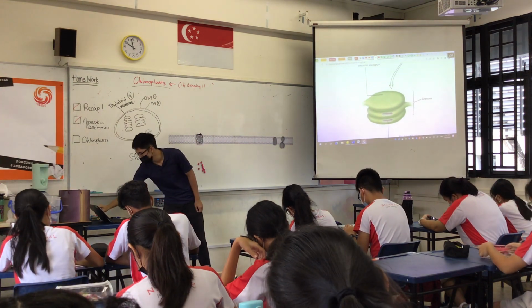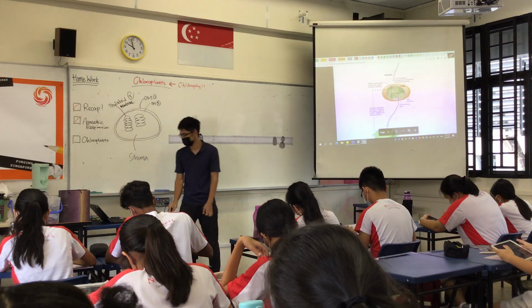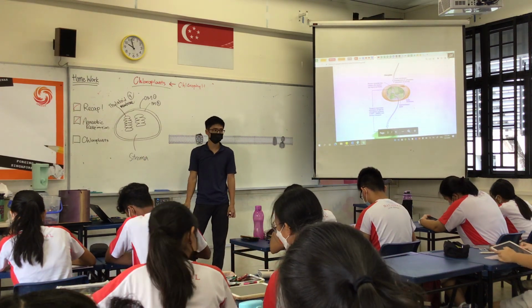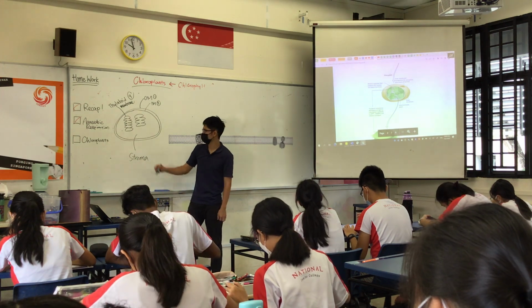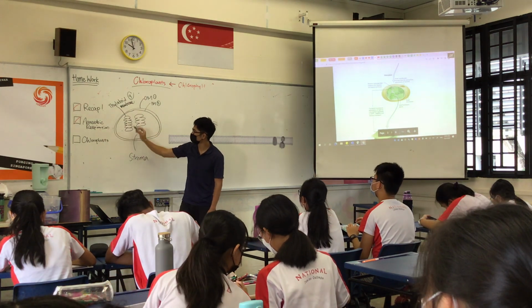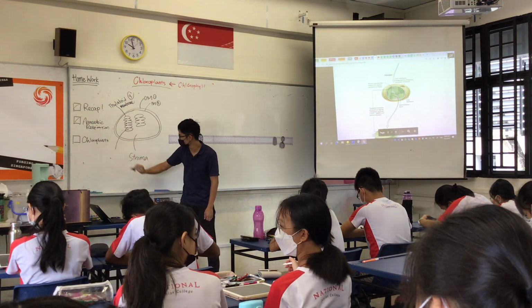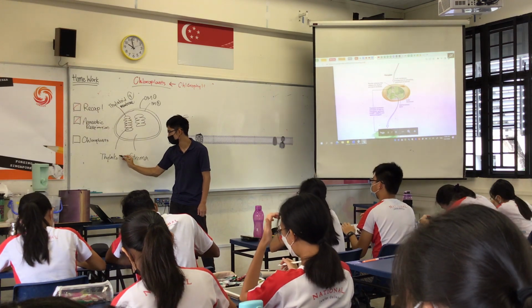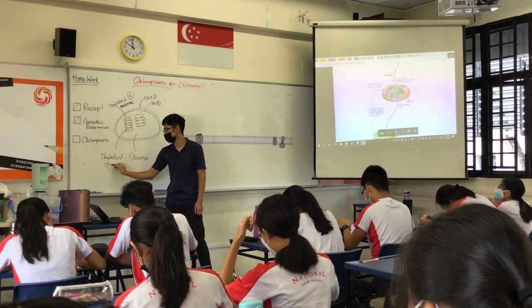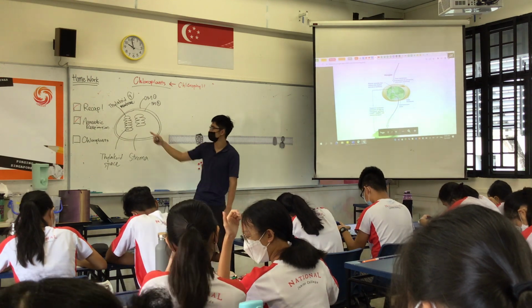Next, the space inside these stacks is called the thylakoid space. Right? There's intermembrane space. This is the thylakoid space.